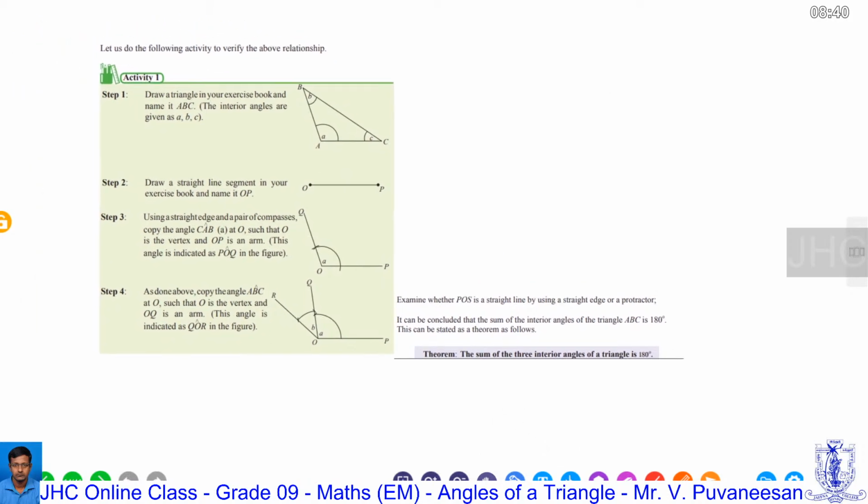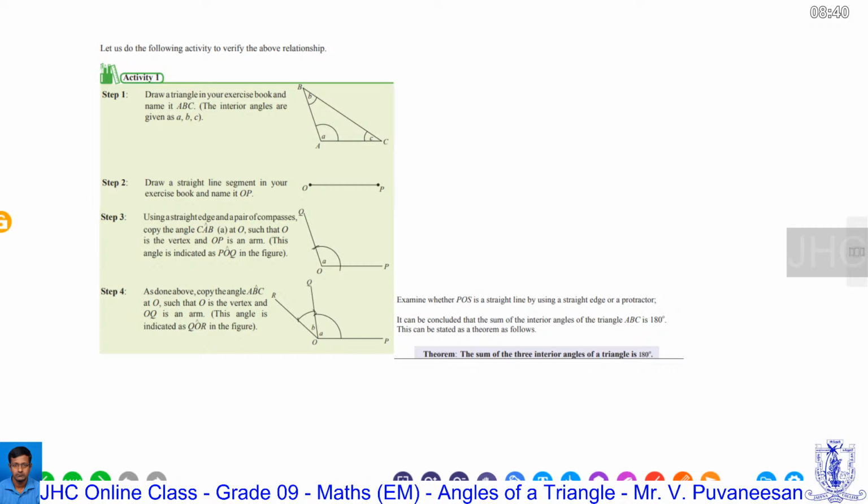Now let's do the following activity to verify the above relationship. This is in your textbooks, but to do this activity we haven't studied the construction of angles, copying angles, but I will say how to do this simply. Look at this.